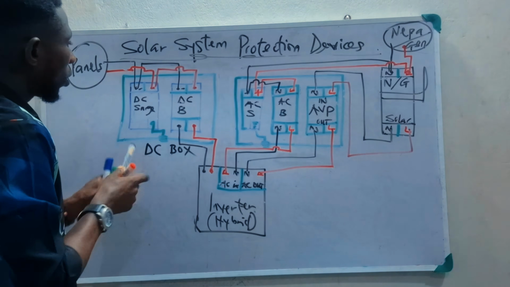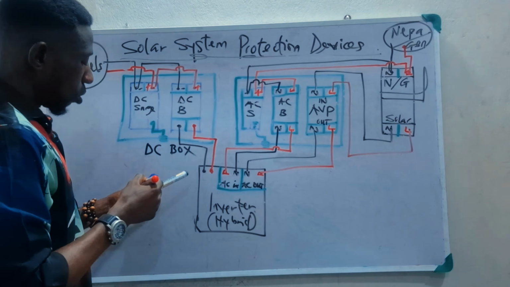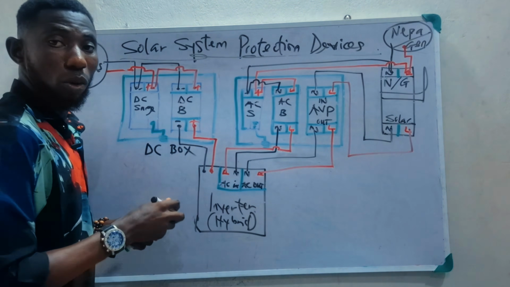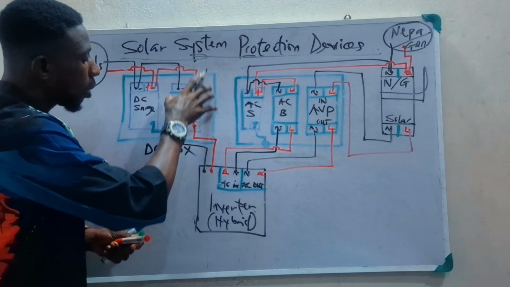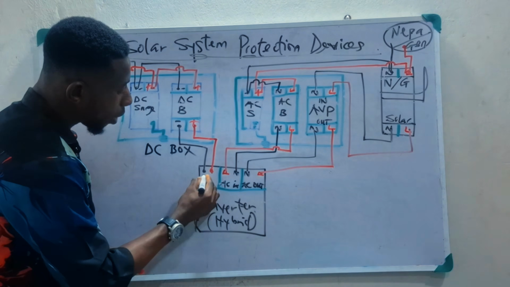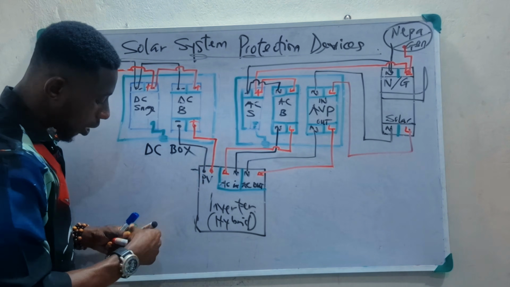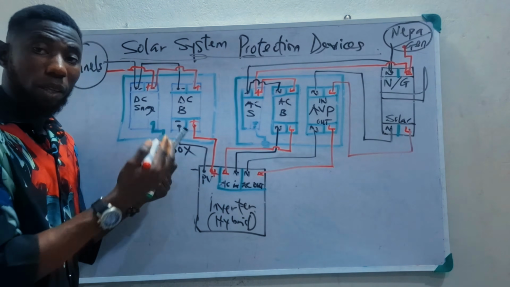Then again, this is the positive. So this is the positive and this is the negative. When it comes here, after looping it from source to DC breaker, then we bring it down to our point where they told us this is PV, then this is PV minus, and this is PV plus. They will indicate it in the inverter.